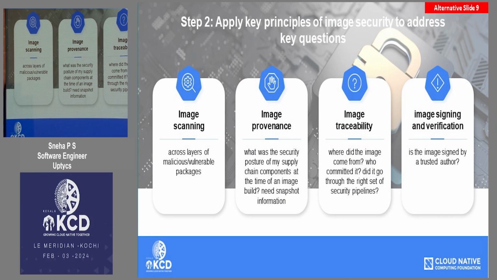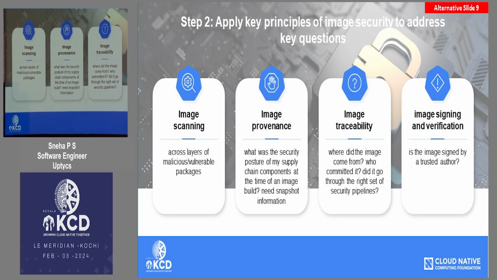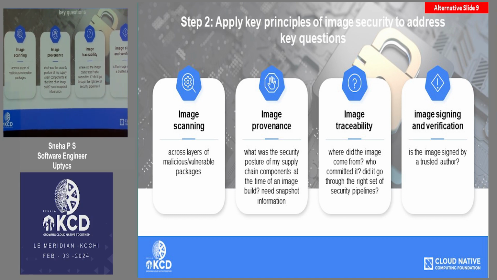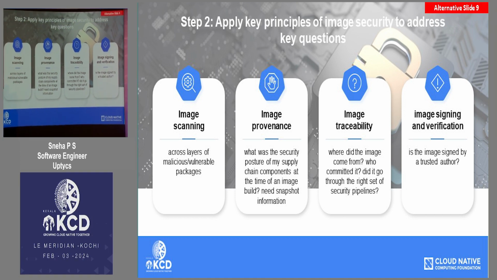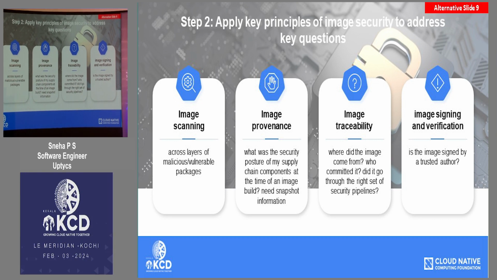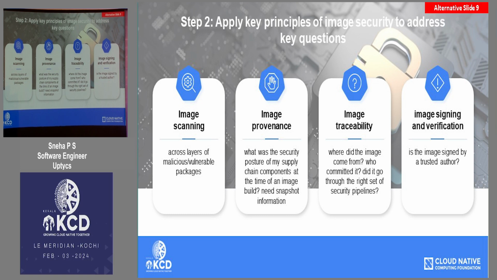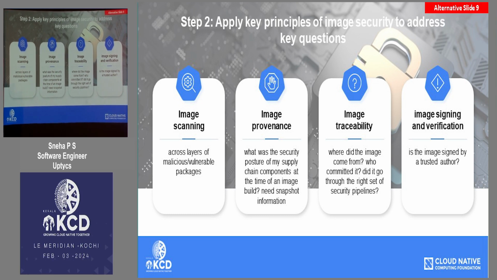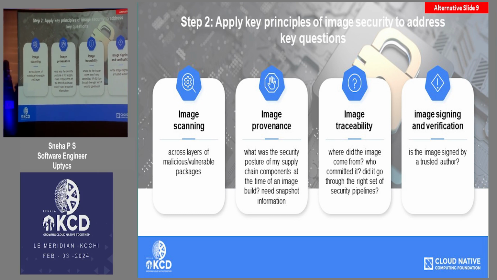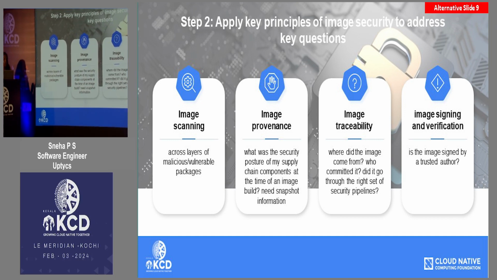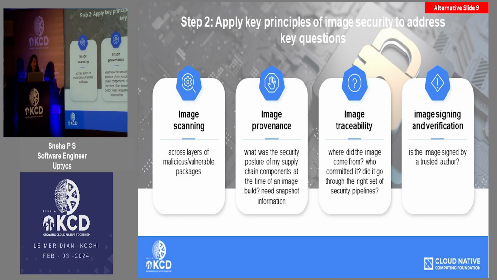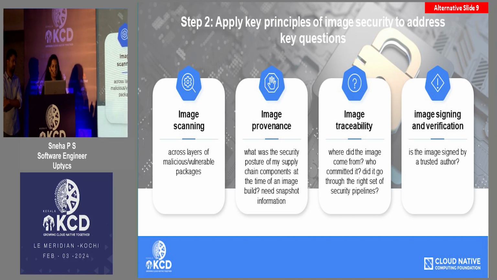Once we have the telemetry, the next thing is to ask a few questions on the data that we have gathered. Specifically, we are considering an image here. One image can have one base layer followed by any number of layers, and any layer in that can also exhibit vulnerabilities. We need to be able to capture layer by layer information of all the vulnerabilities.